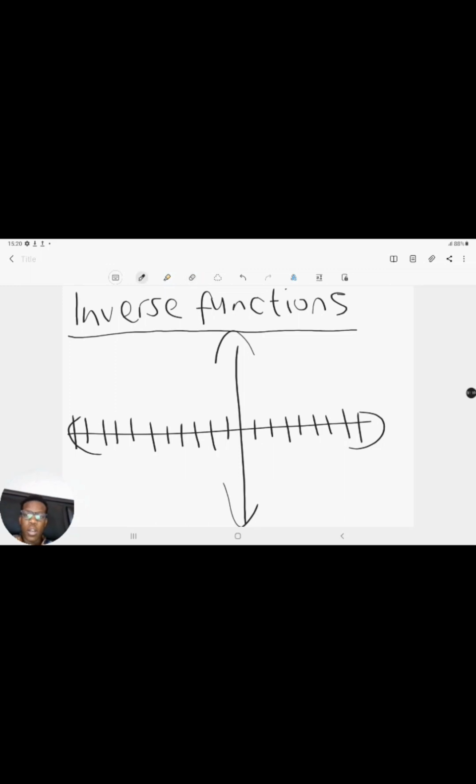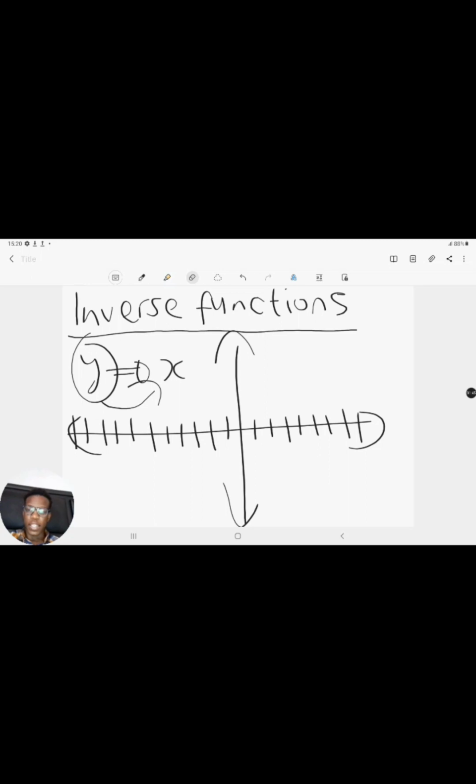Now we ask ourselves, can we start off with a y value and, having a given y value, find out from which x value that y value came? That is the whole point of inverse functions. We want to start off with our y value and find out which x value it comes from.